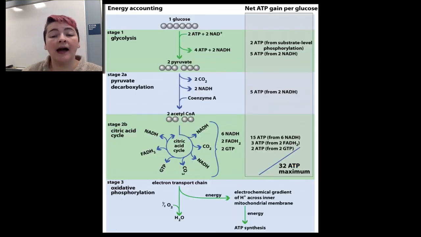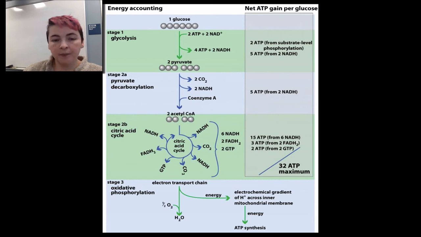Let's take a look at how much ATP is formed per 1 glucose going through the entire aerobic process. We have 1 glucose turning into pyruvate in glycolysis. So glycolysis provides us with 2 ATP directly and then 5 ATP from our 2 NADH that later go down to the electron transport chain.